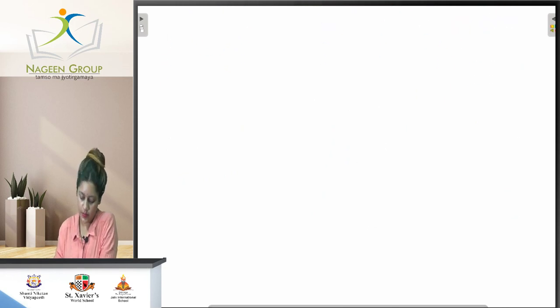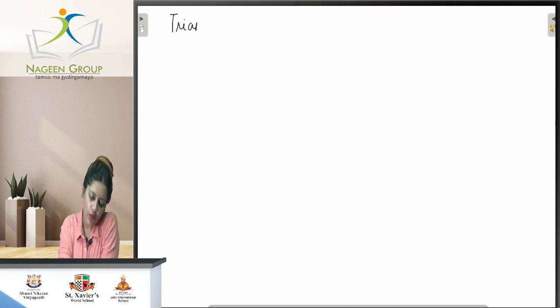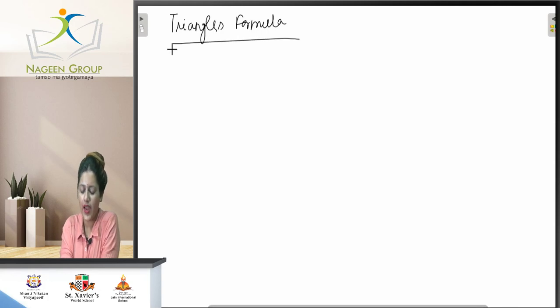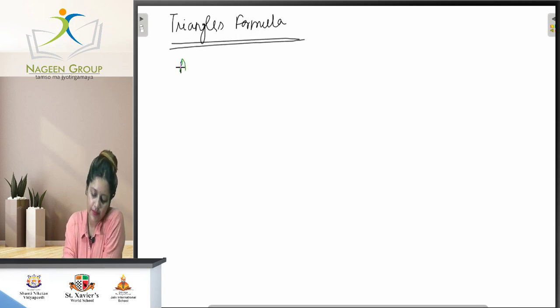Next, in the properties we are going to study the triangle-related formulas, means formulas that we must know when we study triangles. First one is the area of a triangle.